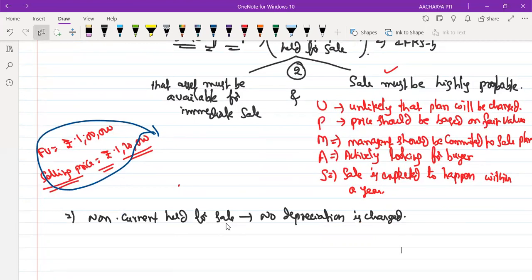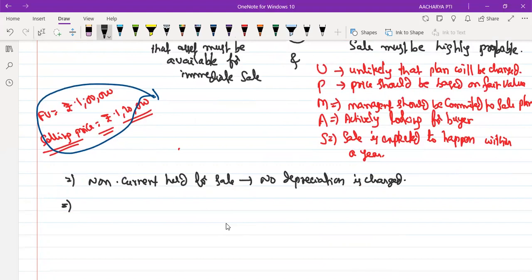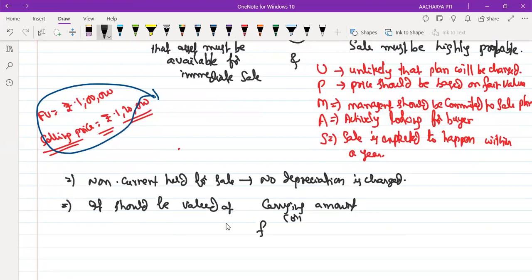And the second one, it should be valued at carrying amount or fair value less cost to sell, whichever is lower. We say fair value less cost to sell as NRV.